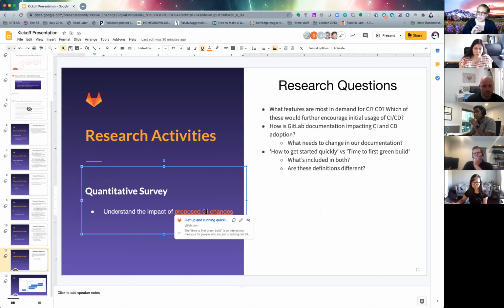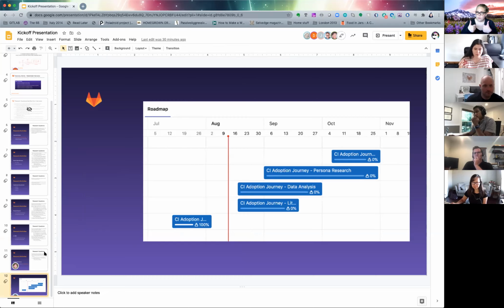So we put this piece at the end of our Gantt chart here, with Keenan and his team. We put that at the end because we wanted to understand our people first, our landscapes first, our challenges first, and then we'll know better who to roll this quantitative survey out to get some data around expectations and impacts of these features. And they're all outlined there in that meta epic that Jason and Tal have been working on, which is perfect.